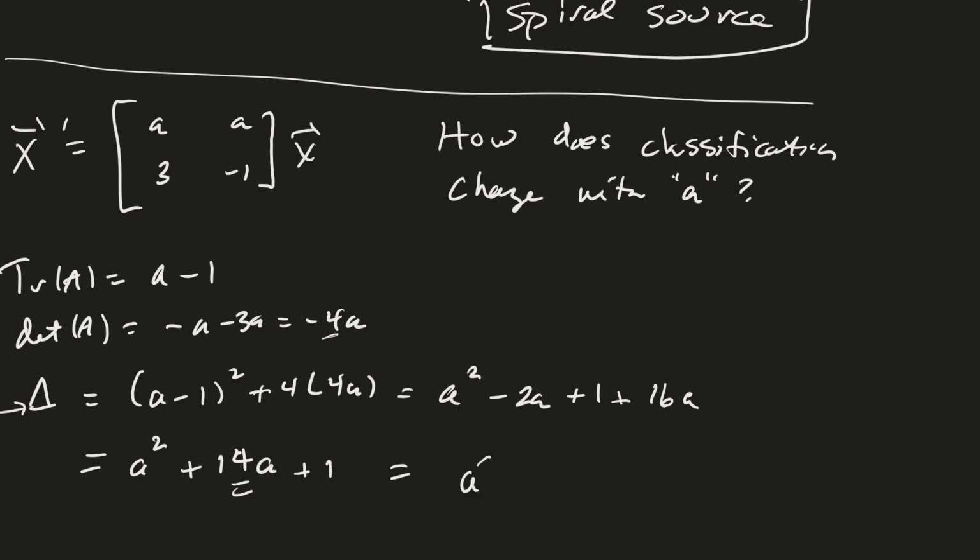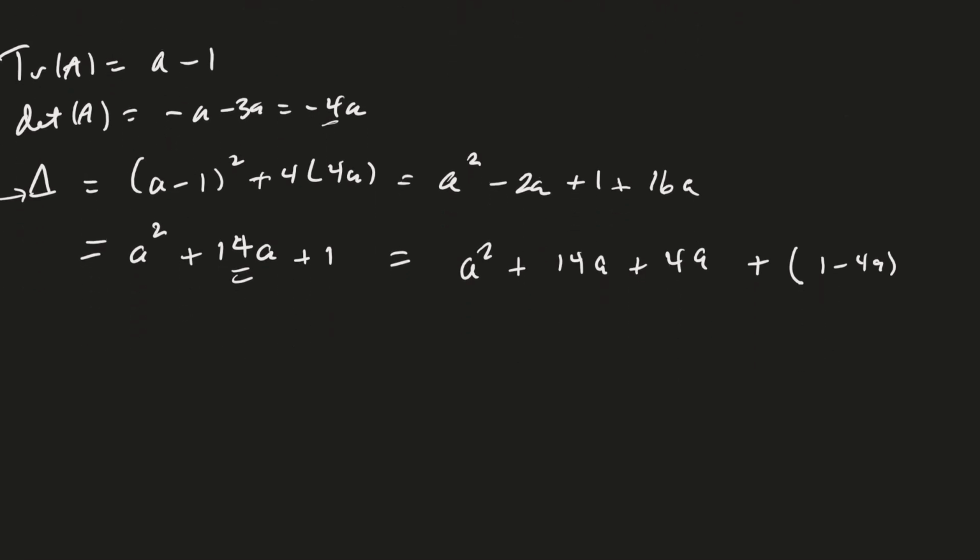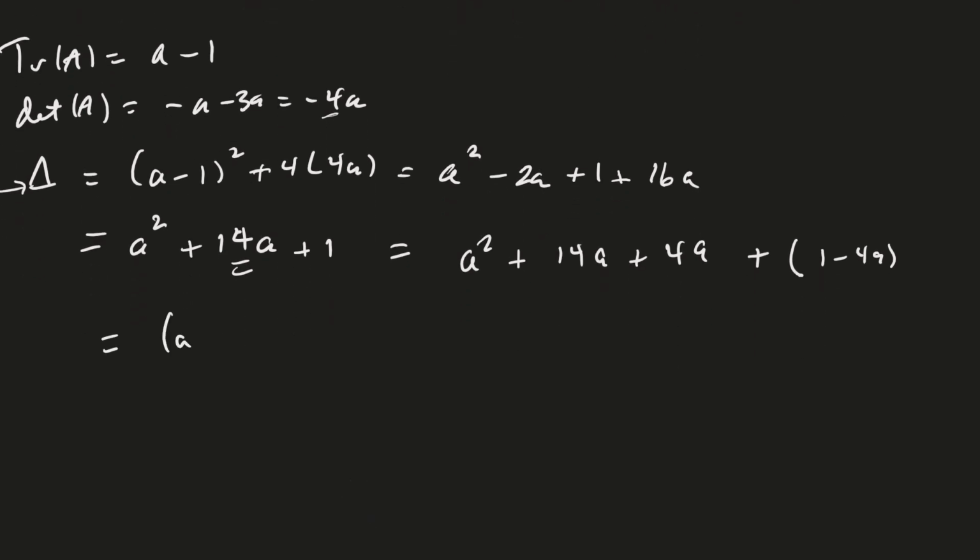So if I say this is a squared plus 14a plus 49, plus 1 minus 49, then this is going to be (a plus 7) squared. What's that? Minus 48. Good. And so if I set that equal to 0, a is equal to minus 7 plus or minus the square root of 48. And just for future reference, both of these values are negative.